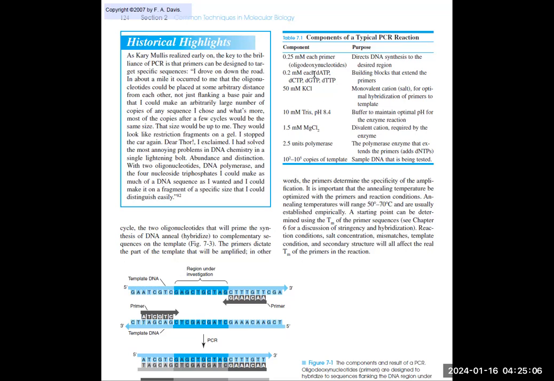And then we also have the dNTPs, or deoxynucleotides, in the form of dATP, dCTP, dGTP, and dTTP. So the primer, guys, cannot extend the DNA sequence without using these.